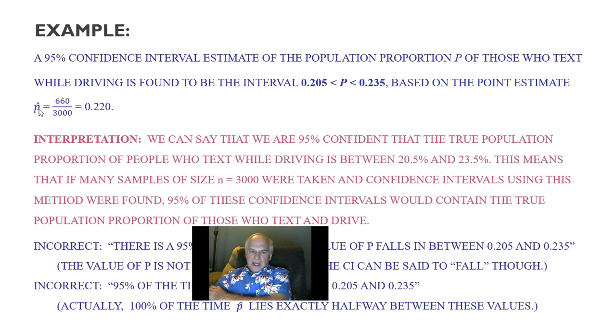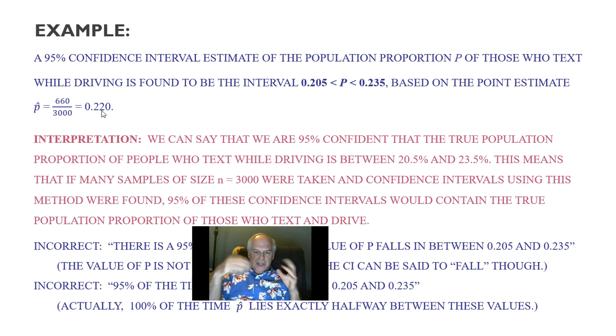Now that's based on the point estimate, p-hat, of 660 divided by 3,000, or 0.22. This is like the scenario where you sampled 3,000 people and asked them, do you text while driving? And 660 of them said yes.